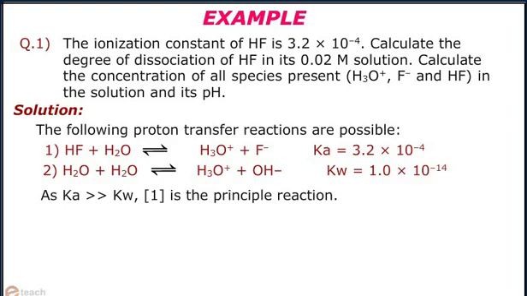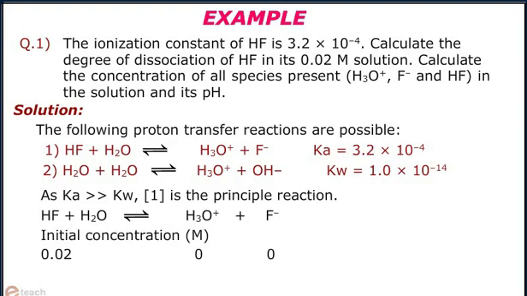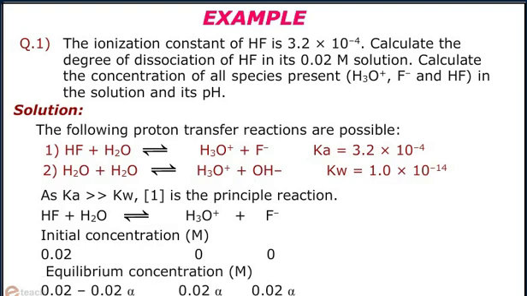So, the principal reaction is HF plus H2O reversible H3O+ plus F-. Initial concentration of HF is 0.02 and that of H3O+ and F- is 0. Let the equilibrium concentration of HF be 0.02 minus 0.02 alpha and that of H3O+ and F- be 0.02 alpha each.